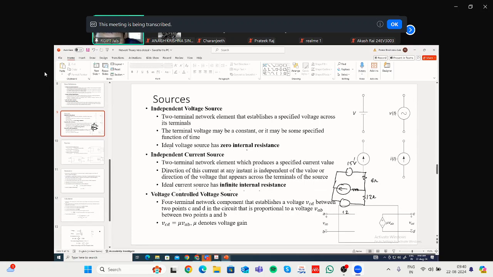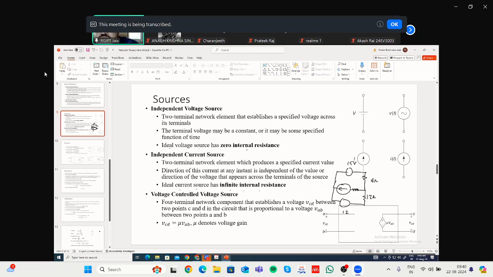Now see, while analyzing the circuit, we will always consider that whatever source is there will be ideal. In practical, we will do the modifications later. But for this subject, we will consider everything ideal. The resistances are also not ideal. The voltage sources are also not ideal. If you consider that kind of a practical circuit, then the analysis will become much more complex.